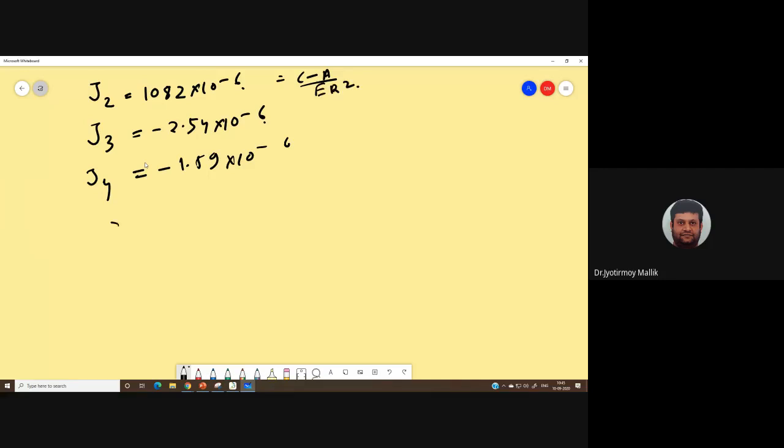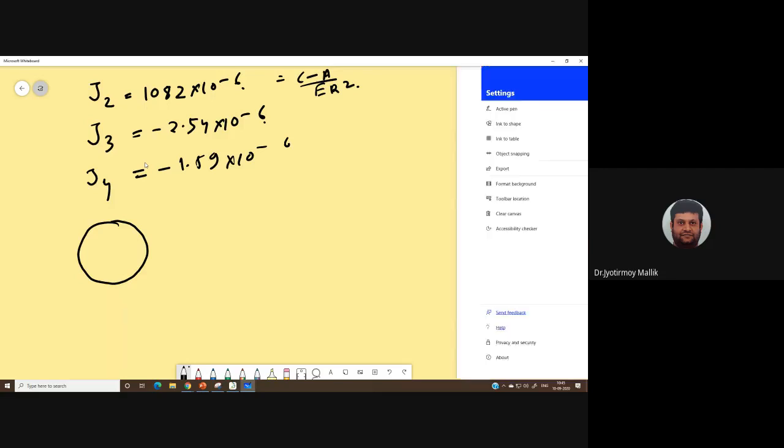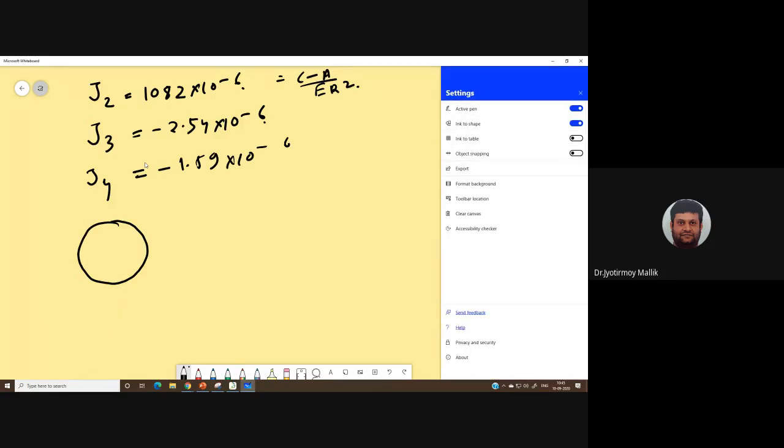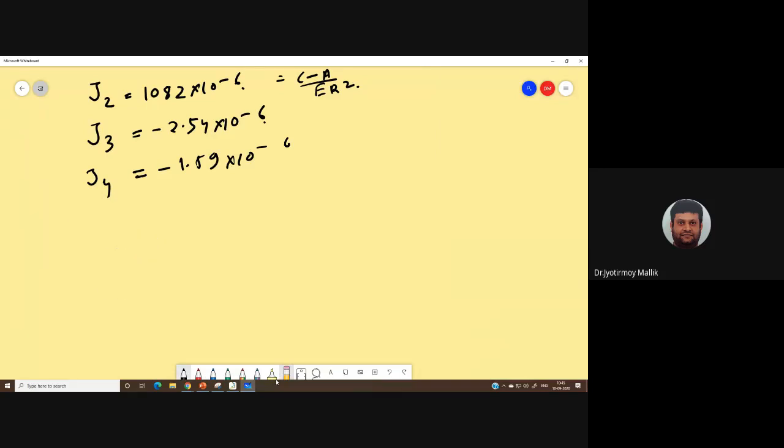Now let us say I had my perfect sphere, and I can express UG as equal to minus E by R. Now in the second place, I deviate from a perfect sphere and become an ellipse.